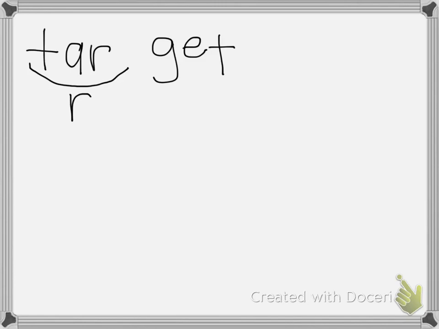So, if you put tar and get, which is a regular closed syllable, E says eh, so it gets a breve, good. Put those two together and what do you get? Target, right? We all have either heard the word or gone to Target, okay?